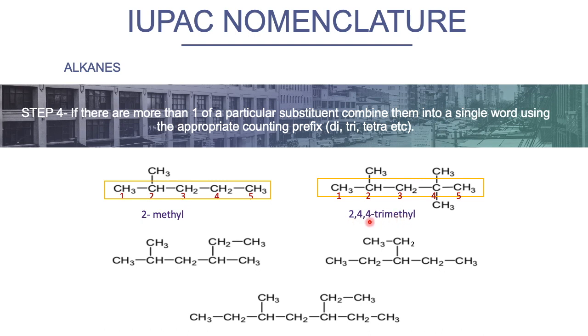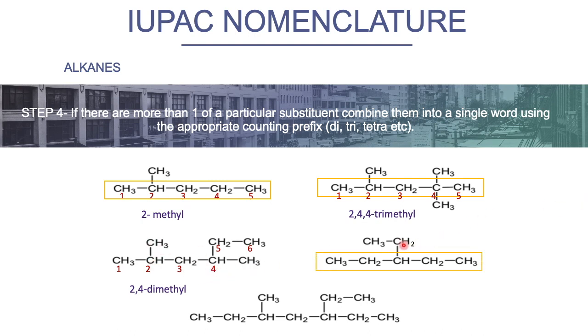If you notice here, the numbers are separated by commas, and the number and the word are separated by a hyphen. In this example again, we have the 6-membered chain as the carbon chain, and then we have 2 substituents here. So we will use the counting prefix di. So it is 2, 4 dimethyl.